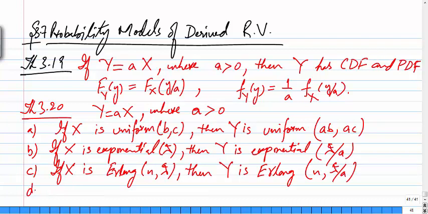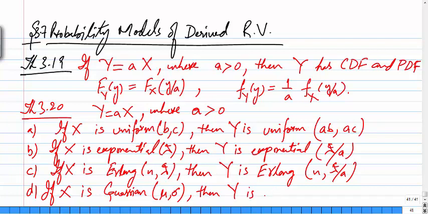And last one is if X is Gaussian, then Y is Gaussian with a mu and a sigma. So this is a very simple relation when we have a scalar multiplication.